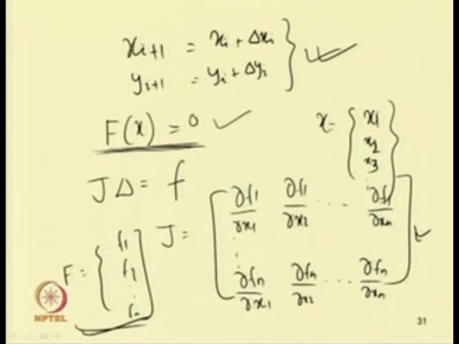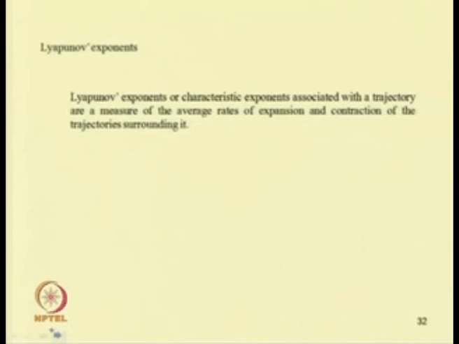After getting this Jacobian matrix, by solving the equation Jacobian matrix times delta x equal to f, we can find this delta x, and our next iteration, x i plus 1, will be equal to x i plus delta x i. In this way we can find the roots if we have a set of equations present in this case.